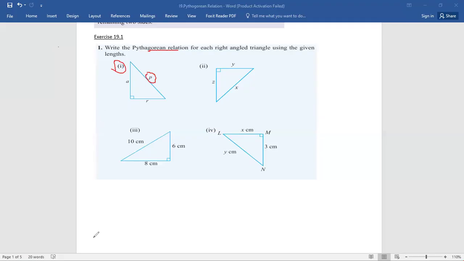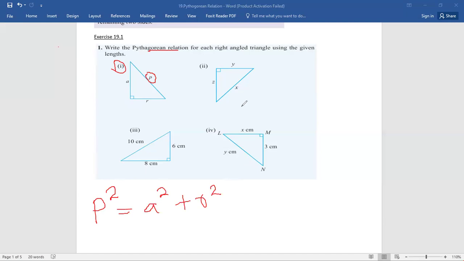First one, P squared equals A squared plus R squared. I will tell you a short way, right?